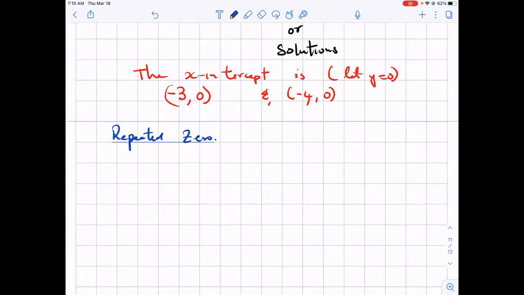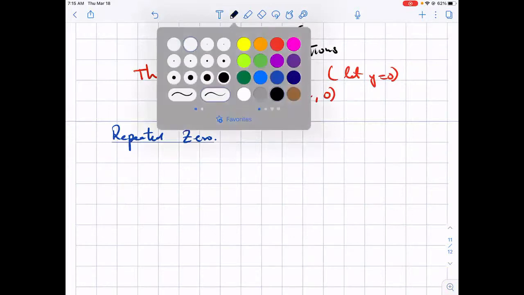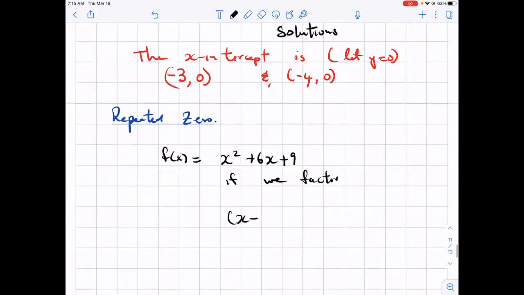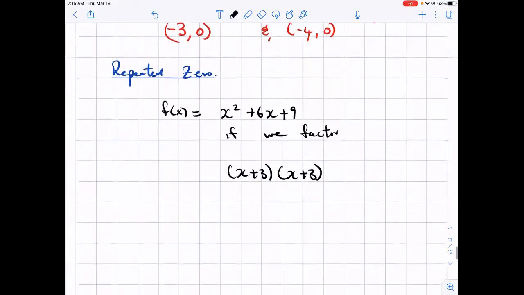If we have a polynomial, let's look at f of x is equal to x squared plus 6x plus 9. If we factor this, we have x plus 3 times x plus 3, which is the same as x plus 3 squared.